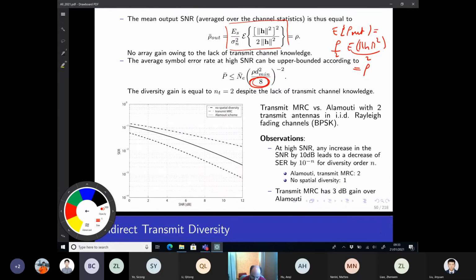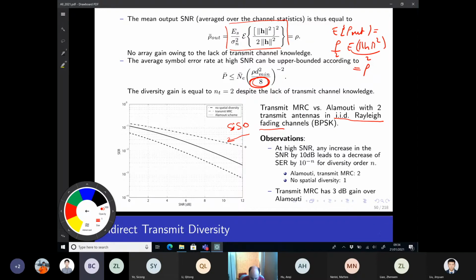So this is what you have here. This is a symbol error rate versus SNR. This is done with BPSK over Rayleigh fading channels, so IID Rayleigh fading. That means the coefficients are circularly symmetric complex Gaussian random variables, independent among the antennas. What you see here is the SISO case with Rayleigh fading. There is no spatial diversity gain.